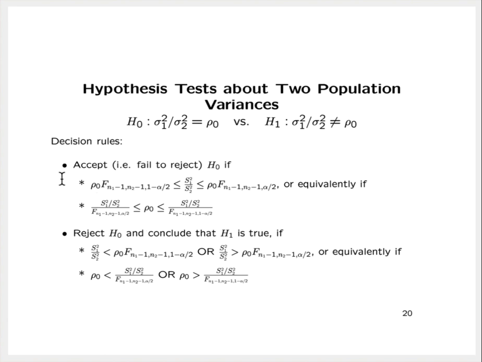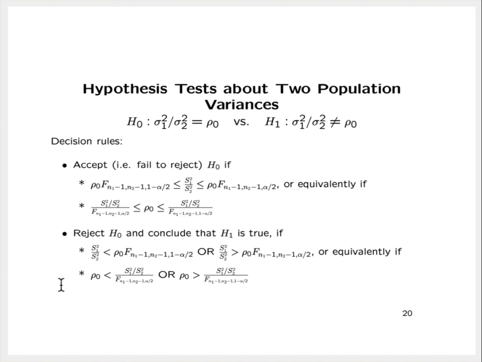We would accept the null hypothesis if rho sub 0 is between these values: s1 squared over s2 squared divided by the upper alpha over 2 percentage point of the appropriate F distribution, and the ratio of the sample variances divided by the 1 minus alpha over 2 upper percentage point of this F distribution.